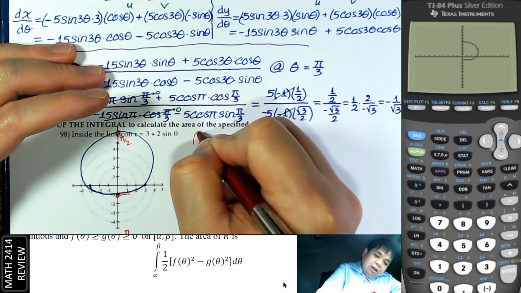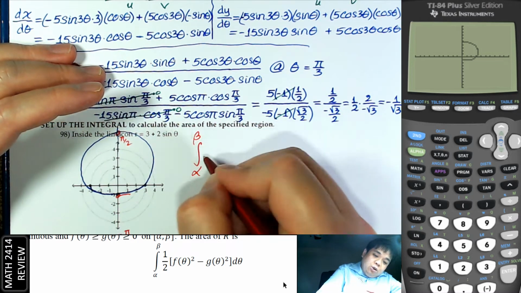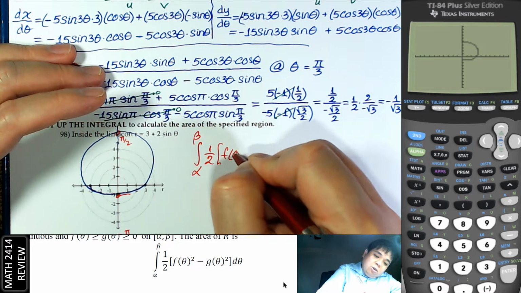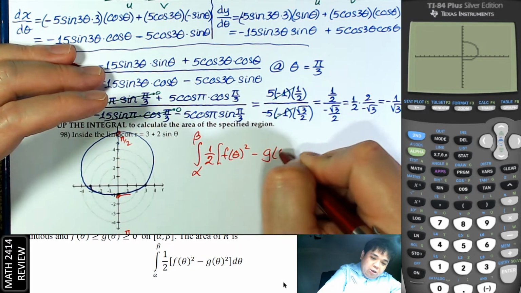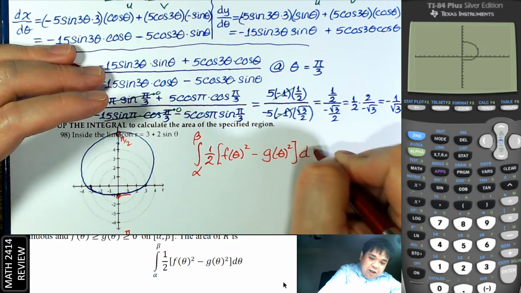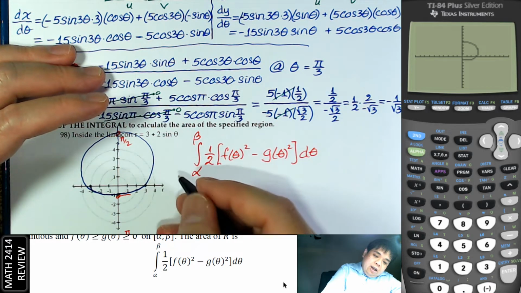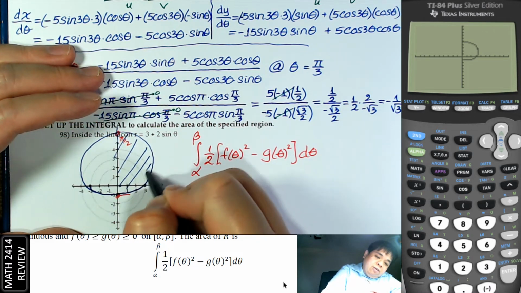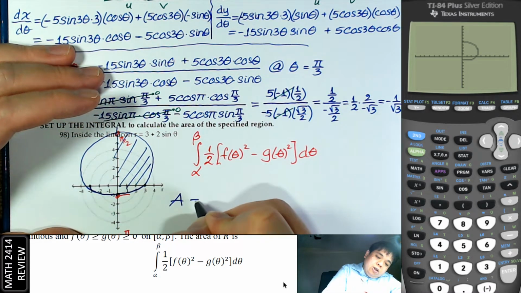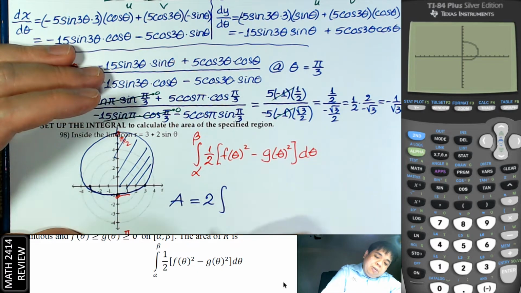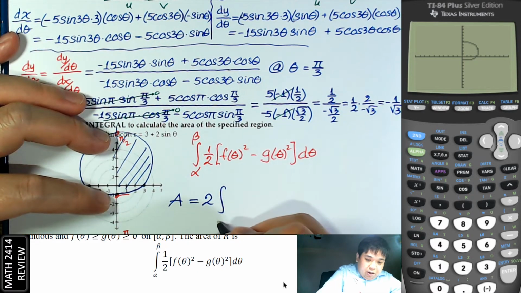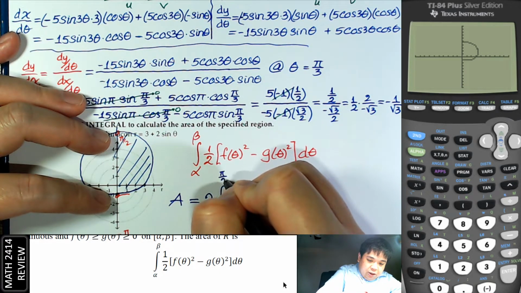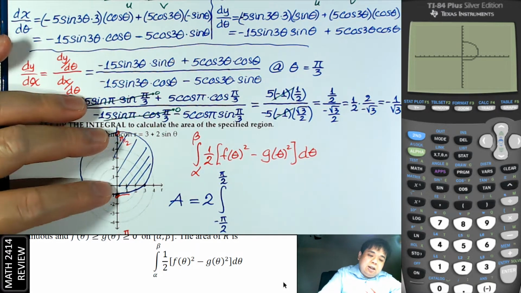Alpha to beta, in this case negative pi over 2 to pi over 2, 1/2 f of theta squared minus g of theta squared d theta. Right. Now we'll calculate the area on the right half and multiply by 2. So the area will be 2 times the integral from negative pi over 2 to pi over 2.